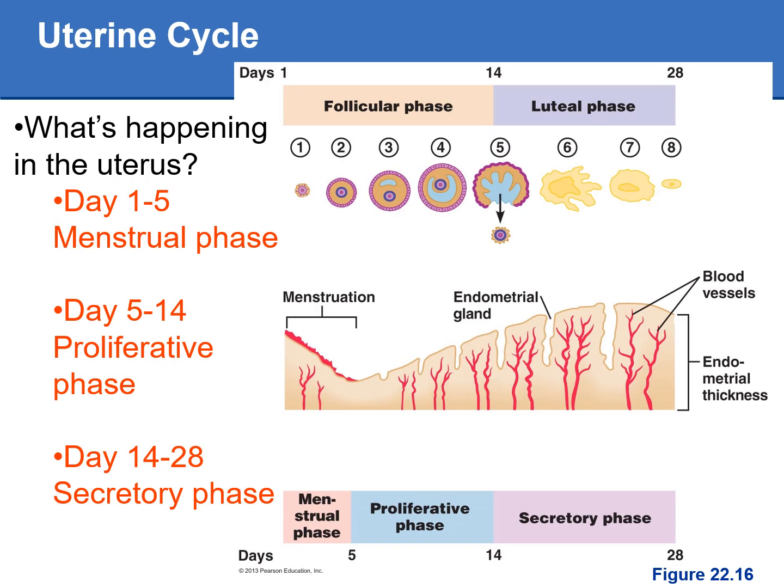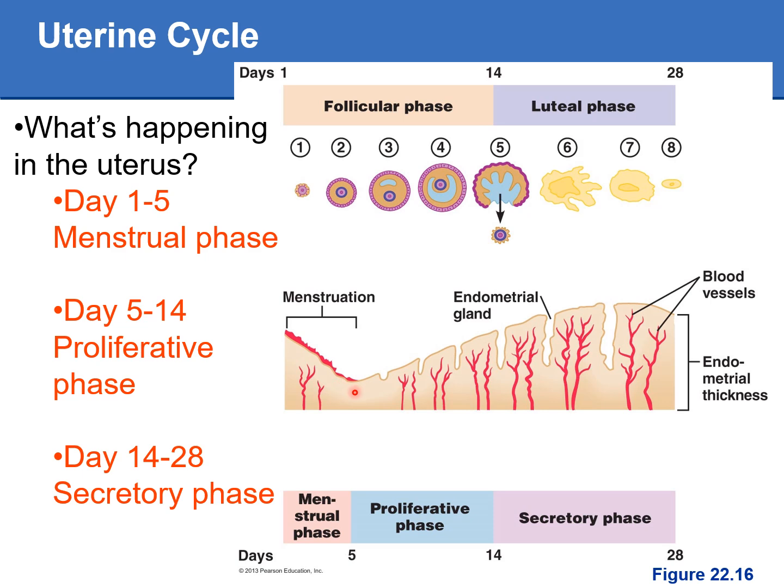Okay, and then we have a uterine cycle as well. There are three phases here, in what's happening in the uterus. Days 1 through 5, that's the menstrual phase. What's happening here is the endometrium, the lining of the uterus, is being shed and bleeding is occurring.